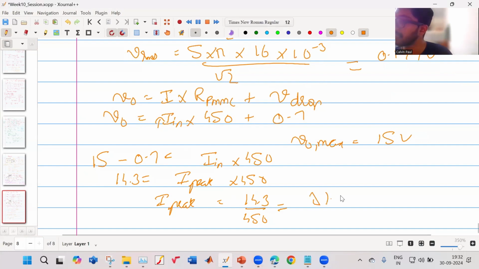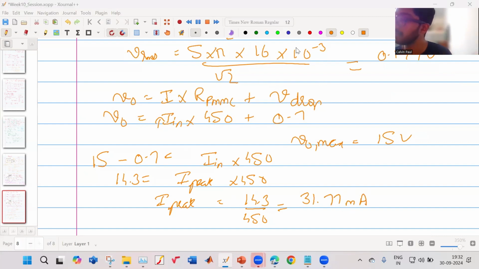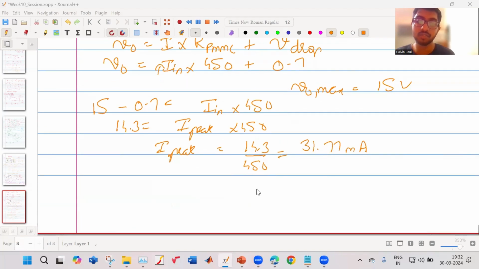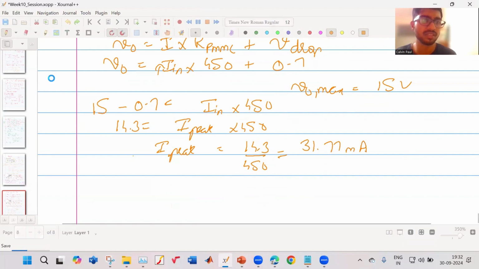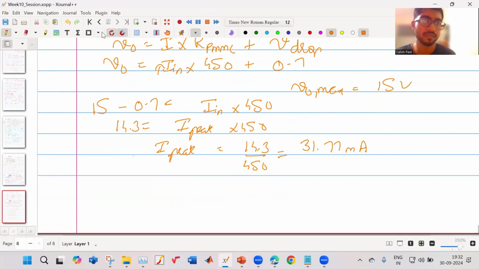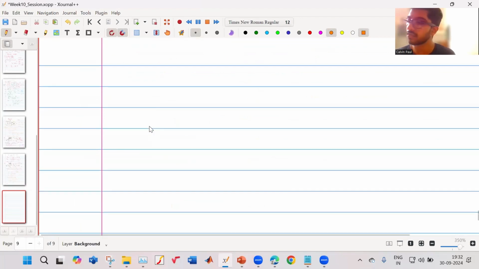So it is actually 31.77 milliampere. Okay. So this is the peak current that can flow, and based on that, we can calculate the RMS current, etc. It's fine. Okay, so this sum also is done. So we will go to the next question.